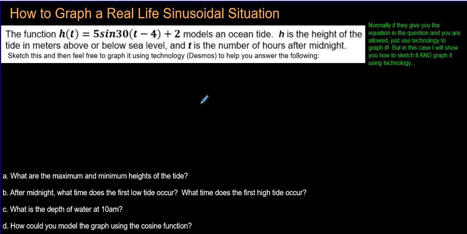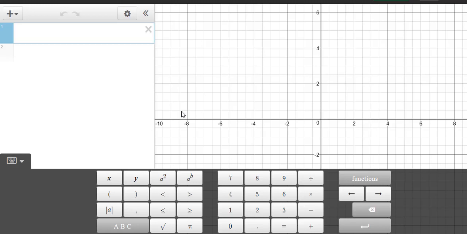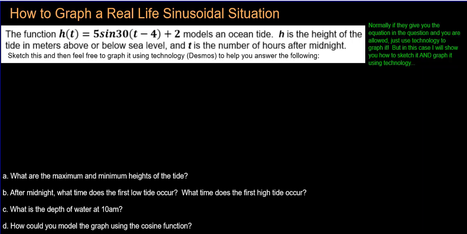Now, first of all, a question like this, where they give you the equation straight up like this, if you're allowed to, you can go ahead and just go to a program like Desmos, punch that equation in, and graph it. However, in this case, we're going to sketch it just to show you that we could do it ourselves.